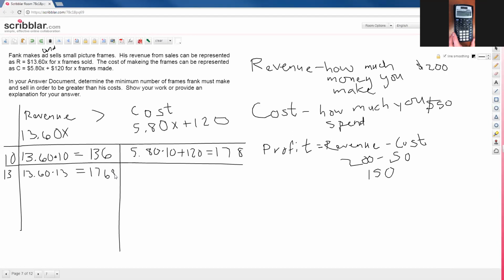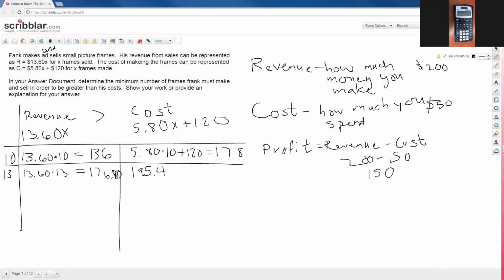So now what do we get if we use 13 for cost? $195.40. Let's double check again. 13 plus 120. 195.40 is correct. So we brought it a little bit closer, but we're still not quite there.